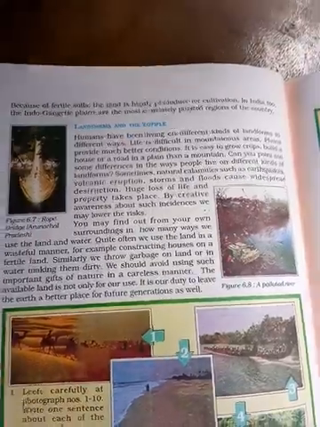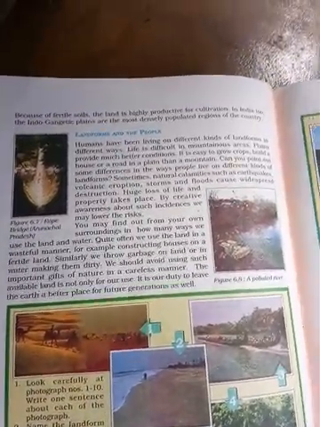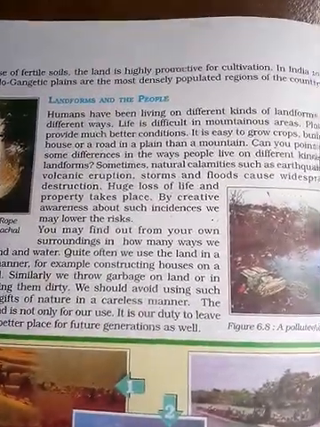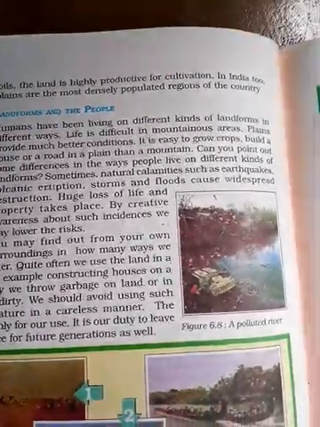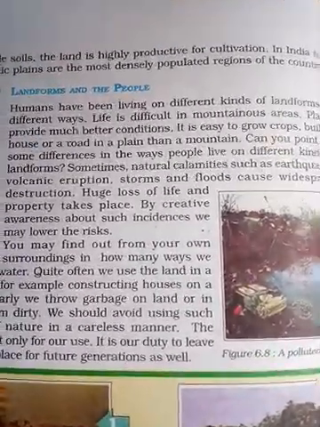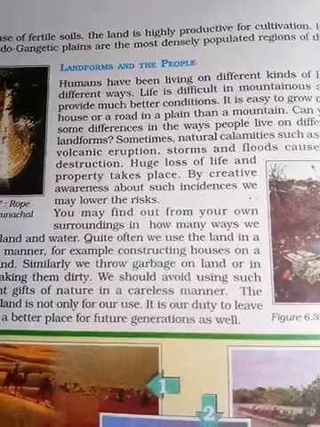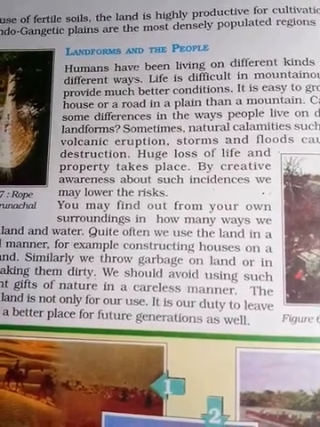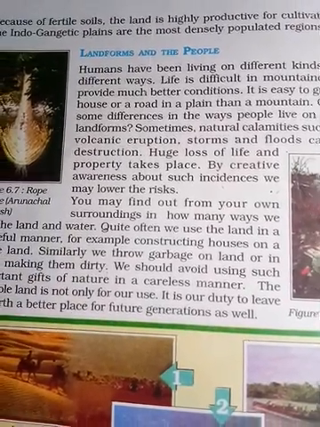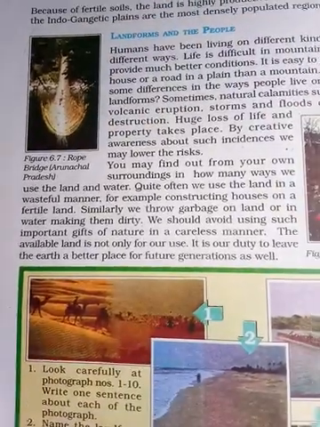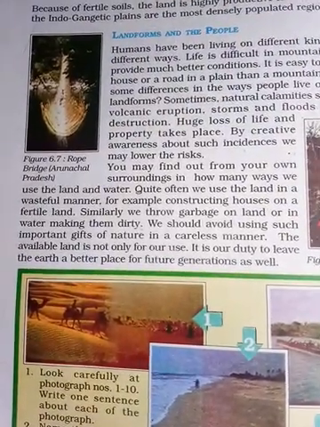Look here. Due to natural calamities, life in the plain as well as in the hill region becomes very difficult. You may find out from your own surroundings many ways in which we use land and water.